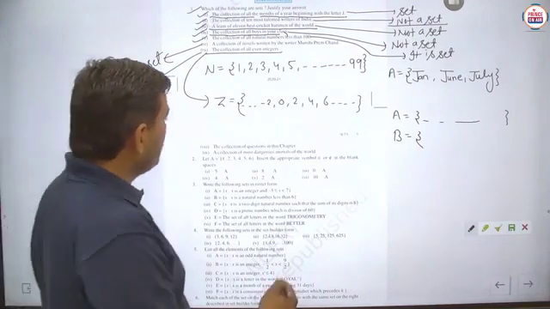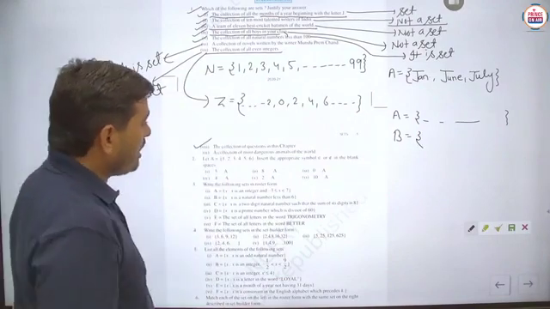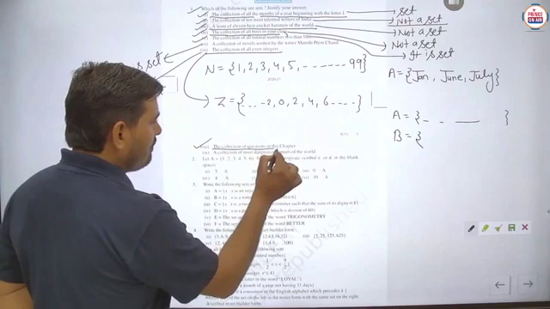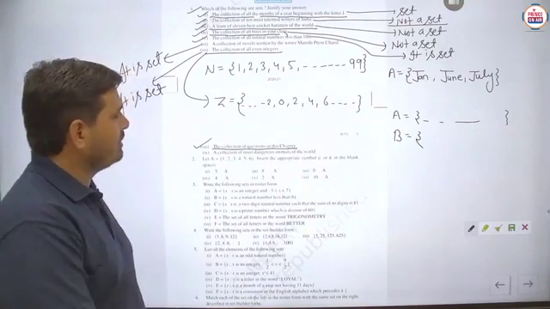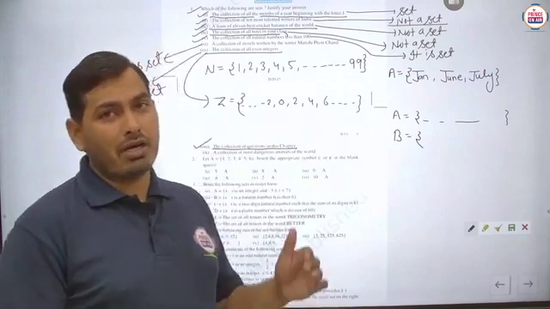Now, students, the next part we have to take here is the collection of questions in this chapter. Basically, students, in a particular chapter there are several types of questions.